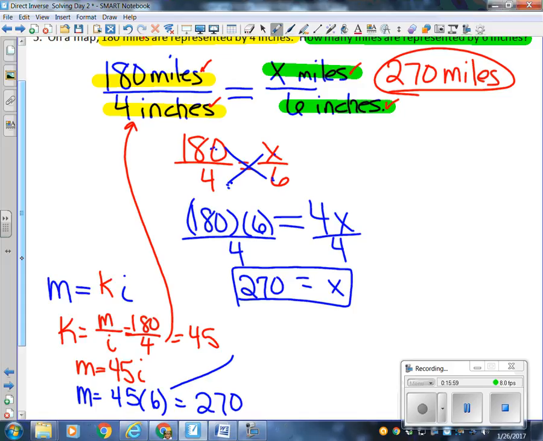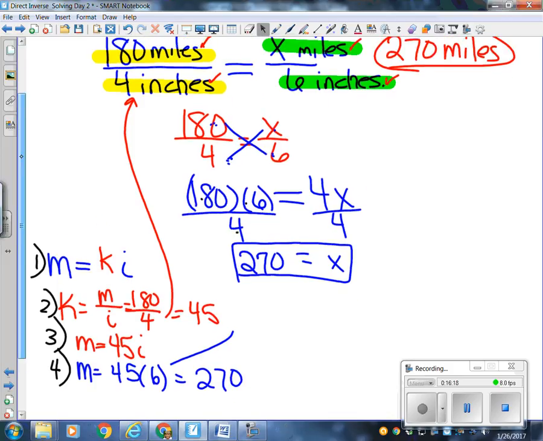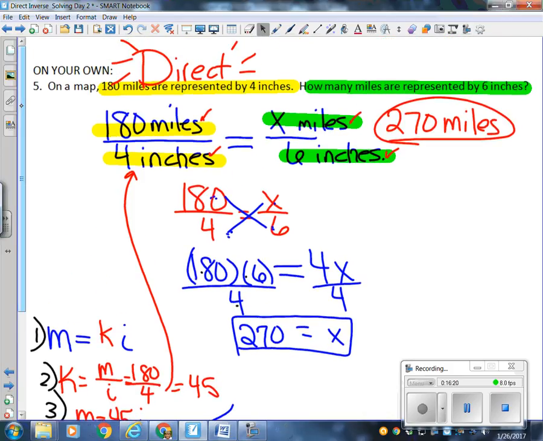If you follow here, 180 divided by 4, and then we times by 6. We're still doing the same thing that we do if we do it the other stepwise way. We're just able to set it up in a slightly different fashion. So these are all of my steps. 1, 2, 3, 4. Okay? Again, just visiting an alternate way to set up and solve direct problems.